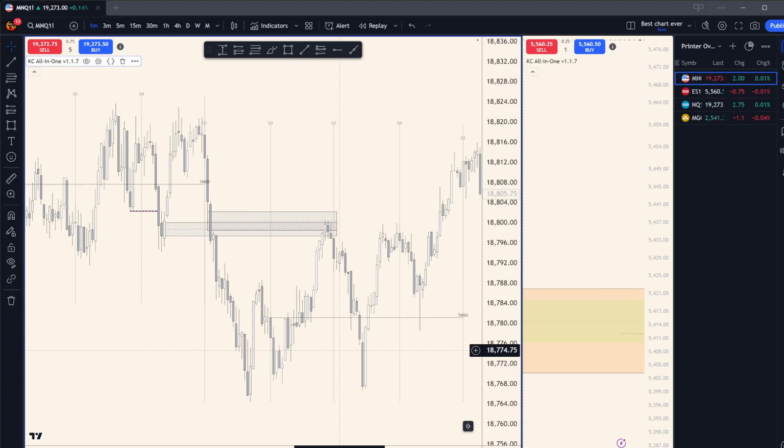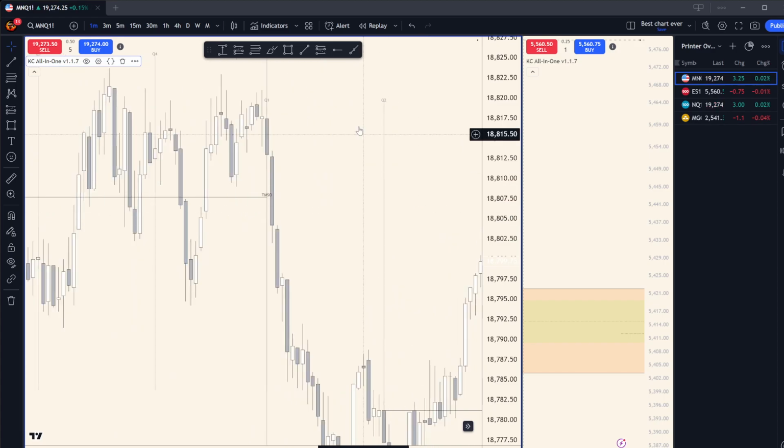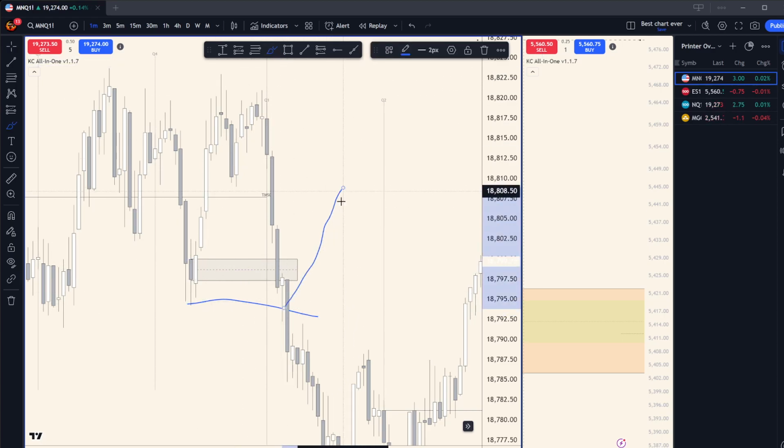Well, you could do an entry, but I'd say that would be really aggressive, because as it invalidates it, it's technically taking a low. So let's say this one right here. It invalidates this order block, but that order block also has the low. So what if price takes the low and immediately shoots up against you?